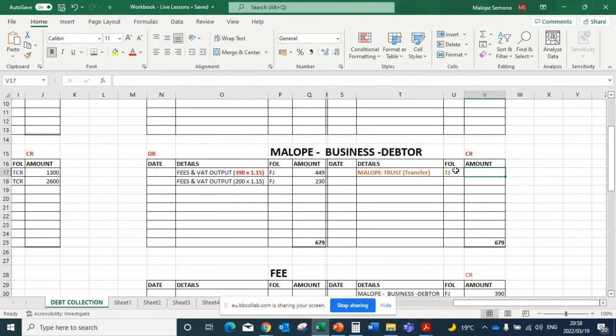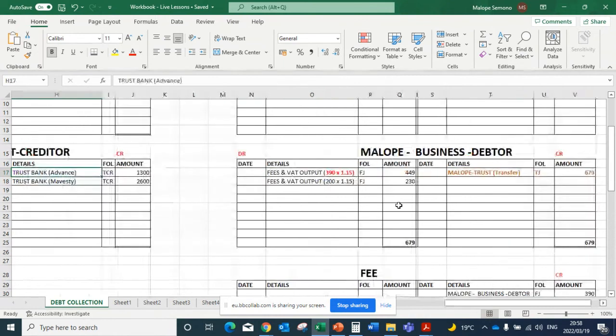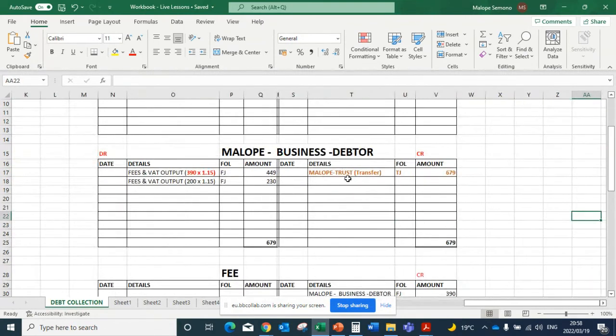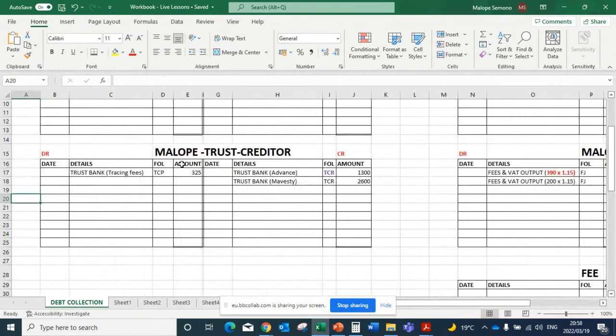How much must I transfer? I can transfer the whole amount because I checked that there was an available amount of money in the trust. At the same time, because I said Malope Trust, I must also record on the opposite side, from credit to debit: Malope Business, as a transfer.